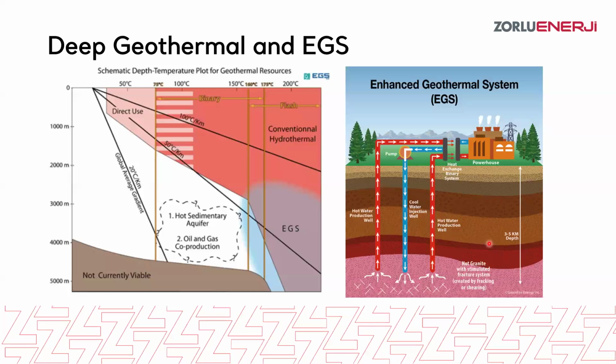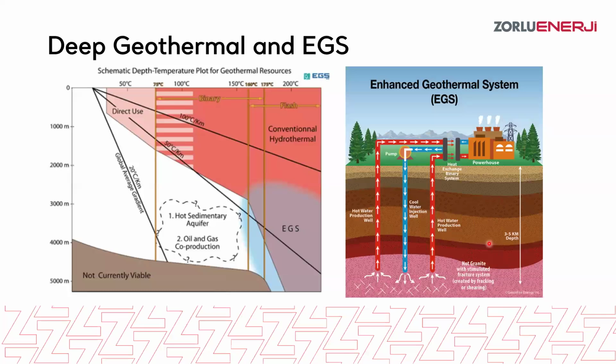In EGS applications, there are several different categories. Some of the studies are concentrating on just the heat transfer in the underground sections of the well, okay, or the reservoir sections of the well. For example, wellbore heat exchangers or systems similar to this are trying to produce electricity from just that heat transfer, conduction heat transfer.